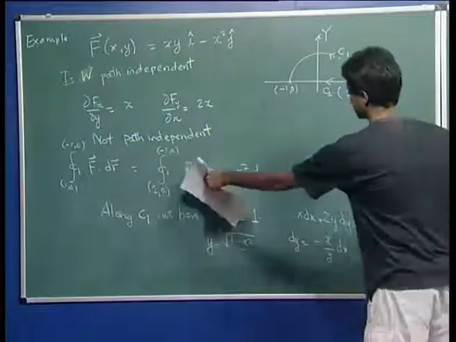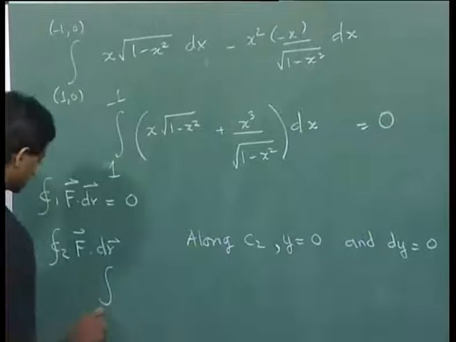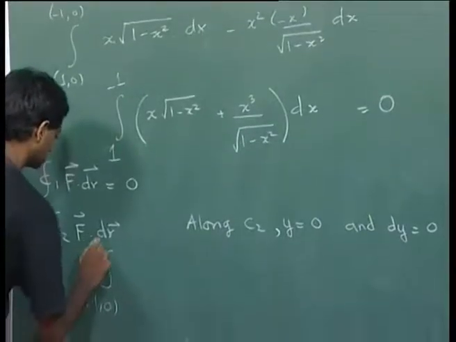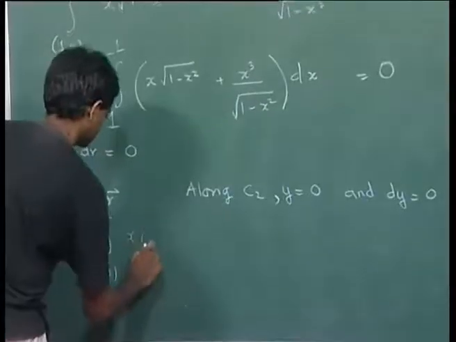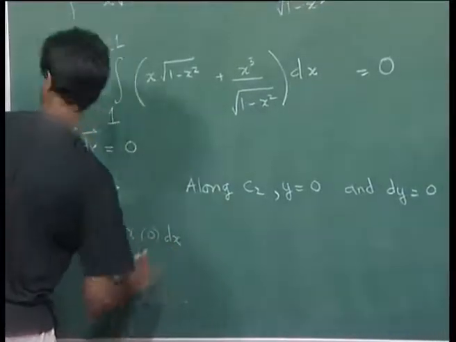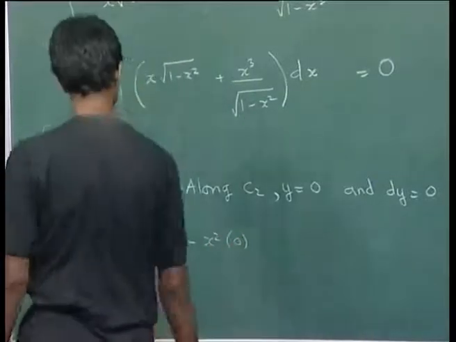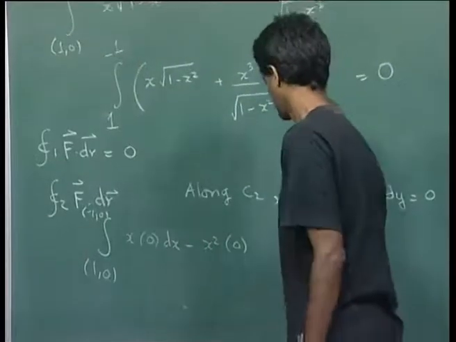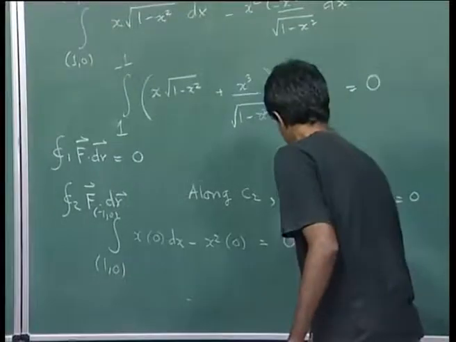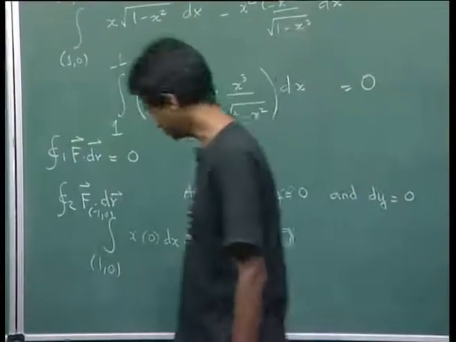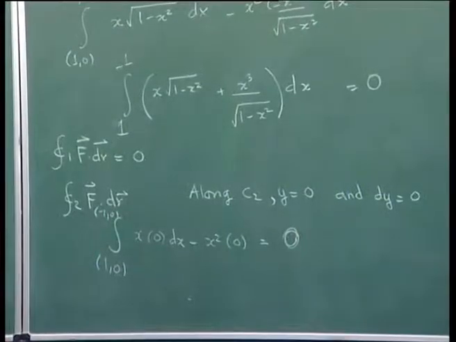So, you just have the integral from 1 0 to minus 1 0 of x into 0 dx minus x square times 0. So, this is equal to 0. Each of the terms is 0, and therefore, this whole integral gives you 0.